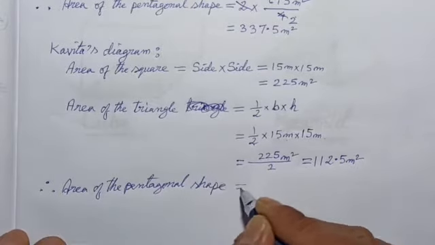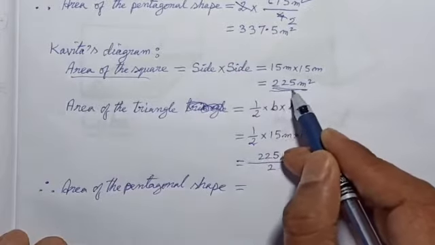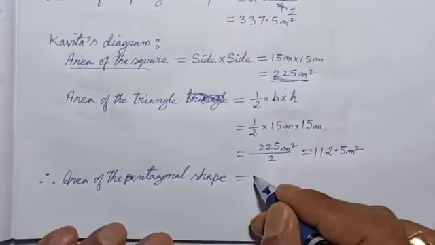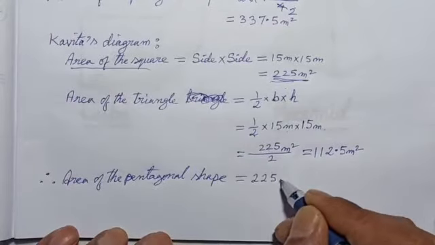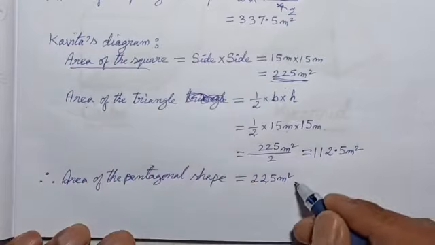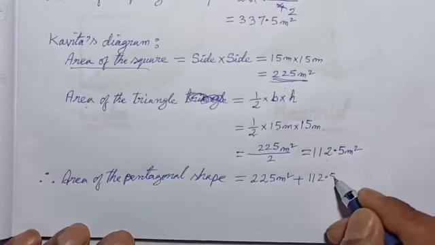is equal to, here area of the square is this. So we have to write down 225 meters square. Then area of the triangle we have to add this, 112.5 meters square.